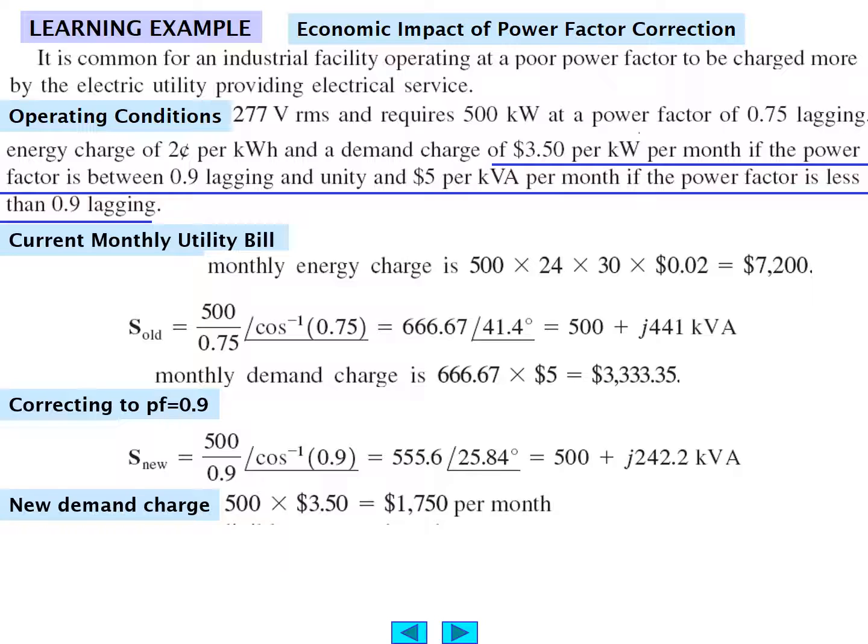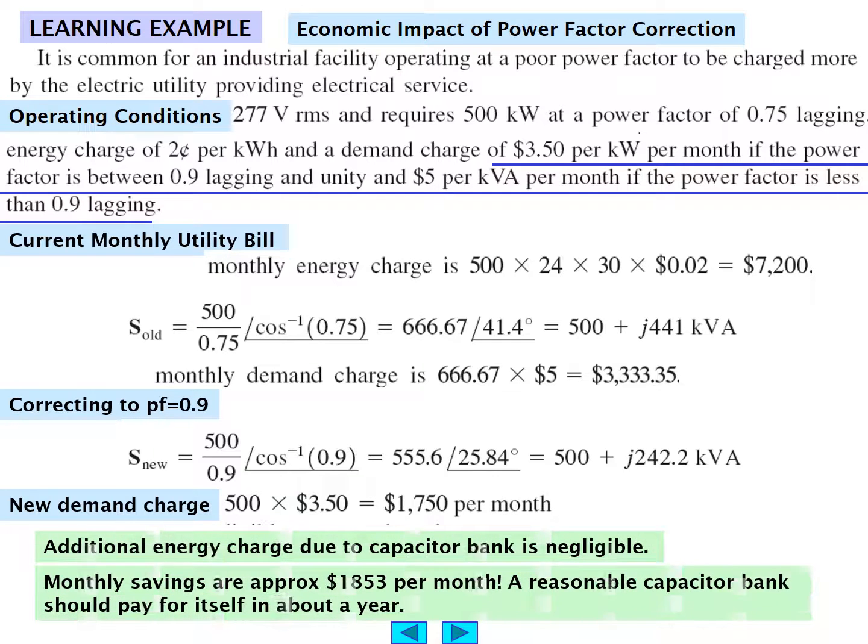The new demand charge, though, because we've done our correction just barely with 0.9, would be 500 times $3.50, which would give us $1,750 per month. So that's down the demand charge from over $3,000.